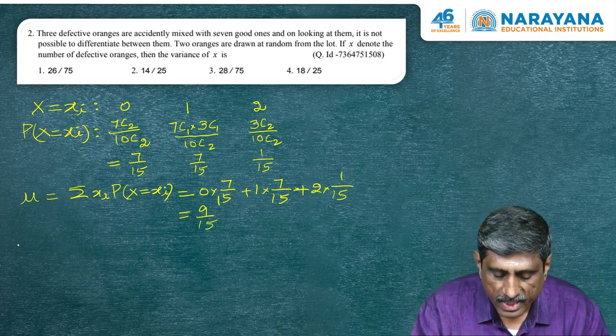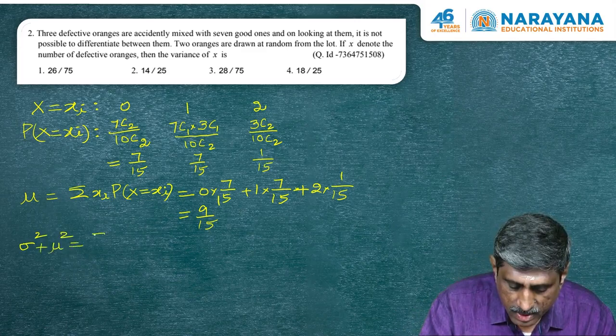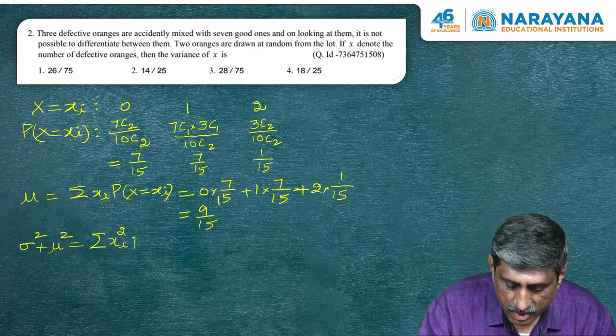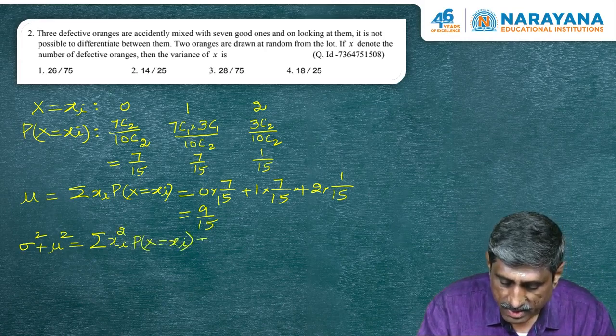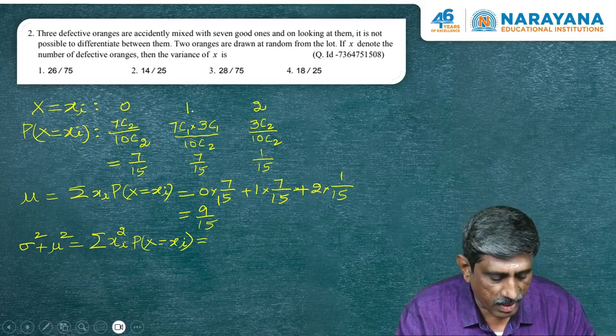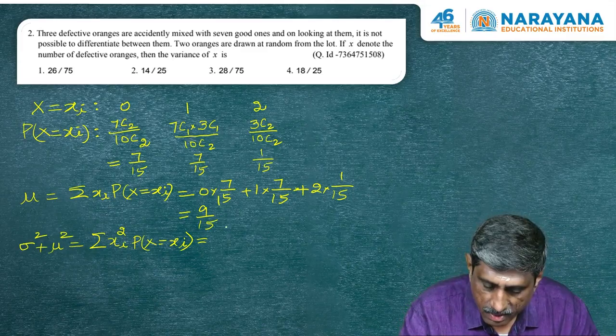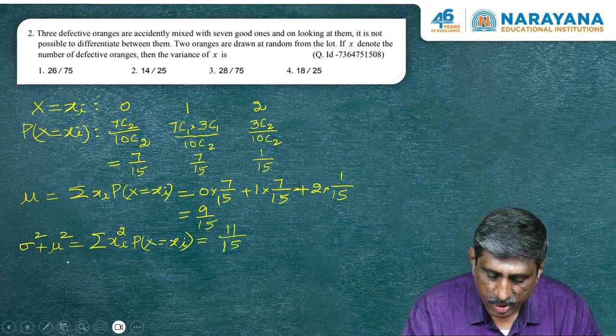To find out the variance, let us find sigma square plus mu square, which is equal to sigma xi square into p of x is equal to xi. Similarly, when we simplify this, 0 square into 7 by 15, 1 square into 7 by 15, 2 square into 1 by 15. On simplification, we are getting 11 by 15 as the value of sigma square plus mu square.